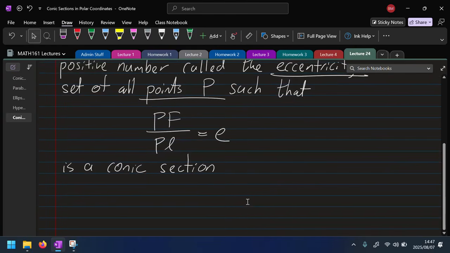Again, we won't prove this in general. We'll do one example just showing it. So it's a conic section.